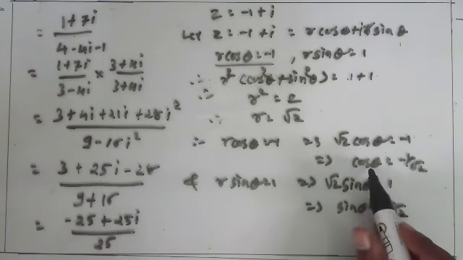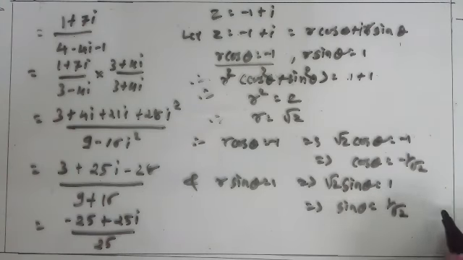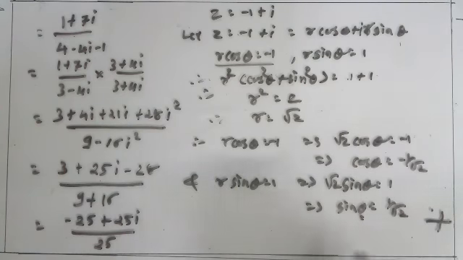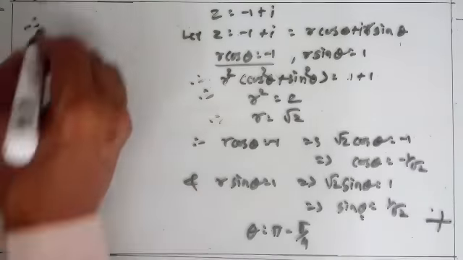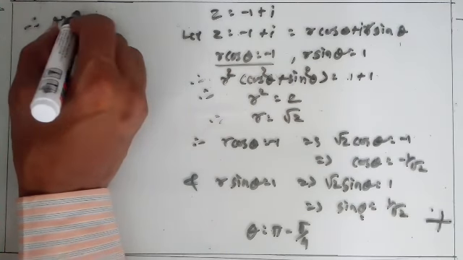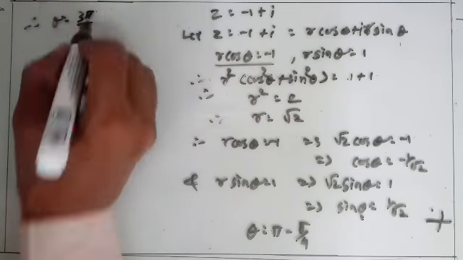Now cos is negative and sin is positive, which happens only in the second quadrant, and in the second quadrant the value of theta is taken such that cos theta magnitude is 1 upon root 2 and sin theta is 1 upon root 2. So theta is equal to pi minus pi by 4. Therefore theta is equal to 4 pi minus pi, which becomes 3 pi upon 4.